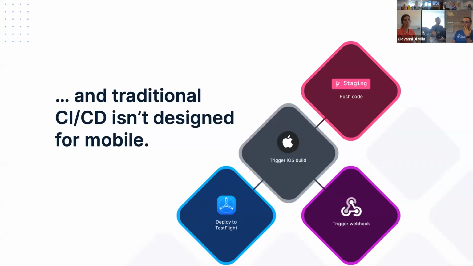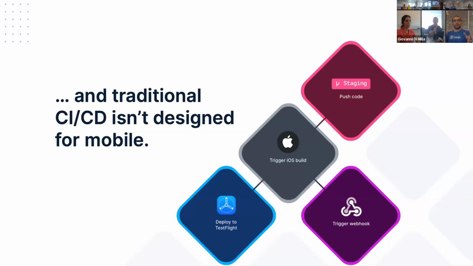And the traditional CI/CD systems are not designed really for mobile. I mean, that's not completely true in the sense that you can build a mobile application in Travis, GitHub Actions, Azure, wherever, but you really need to set up the environment yourself.